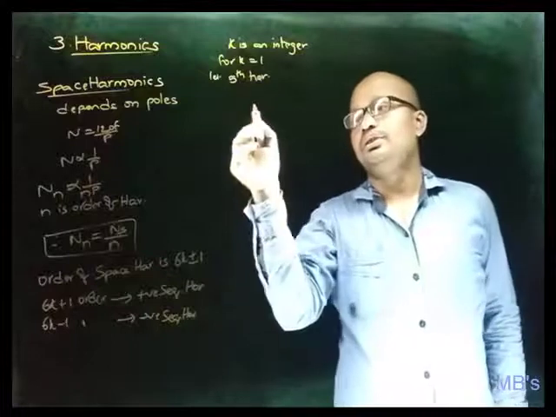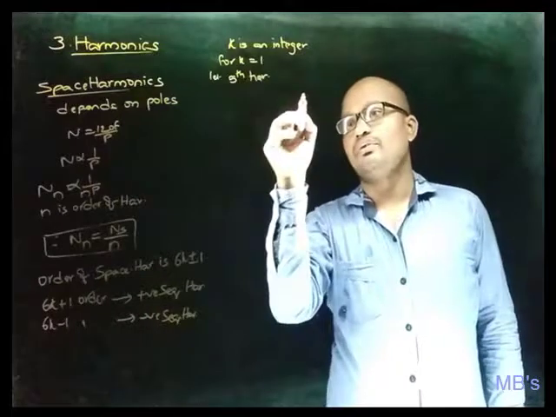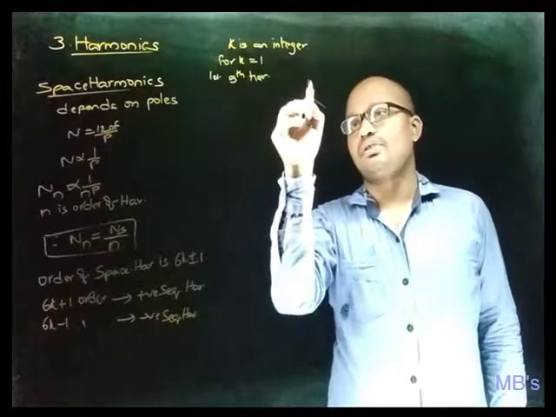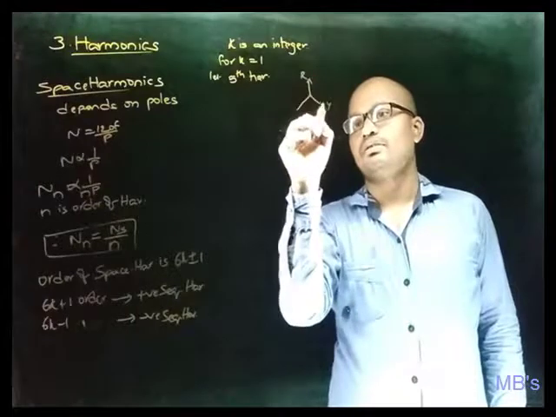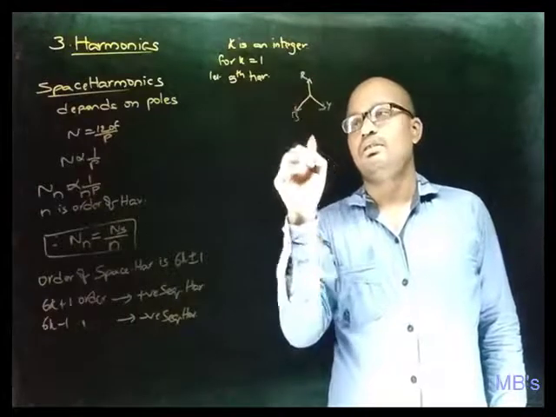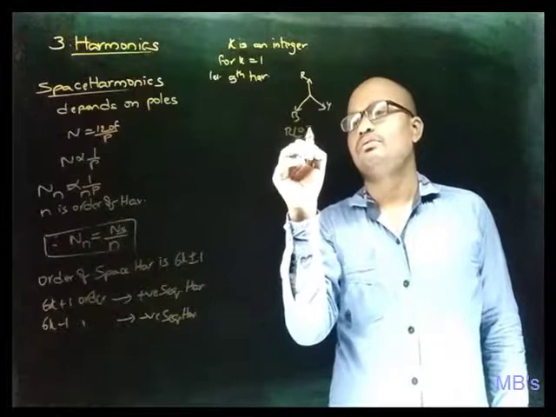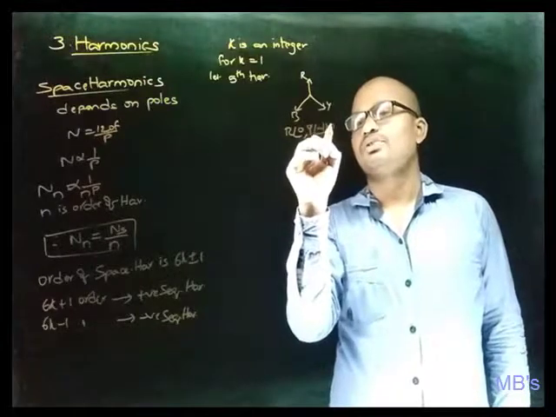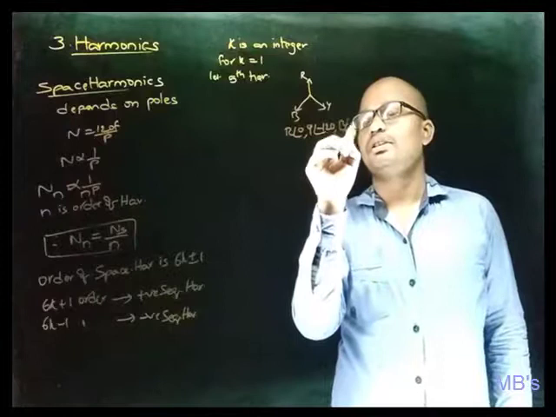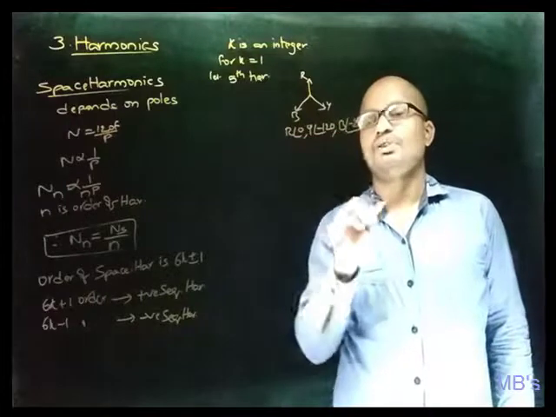As we know, the regularly followed phase sequence is R Y B, and they have phase differences of R at 0, Y at an angle minus 120, and B at an angle minus 240.